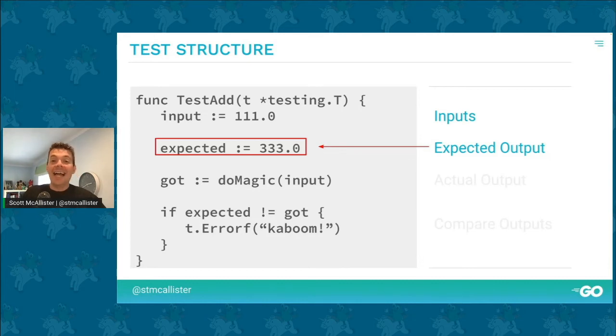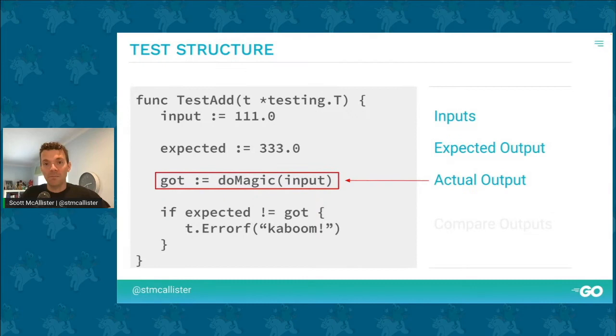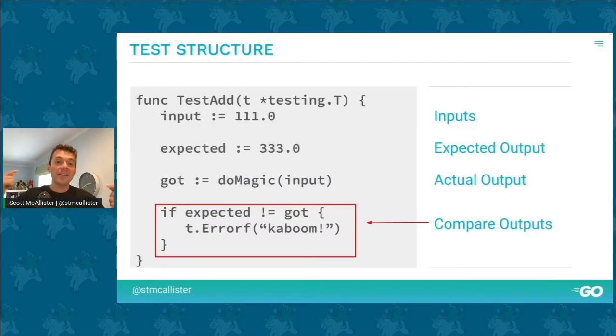Then I'm going to need to actually run the function. So I'm going to call do magic and then see what I get. And then I'm going to take what I get and compare it to what I expect it to be. And then we decide what to do from there. In this case, if they're different, then our test should fail or error. And then we should pass out a message that's probably a little more descriptive than what we have here on the slide.